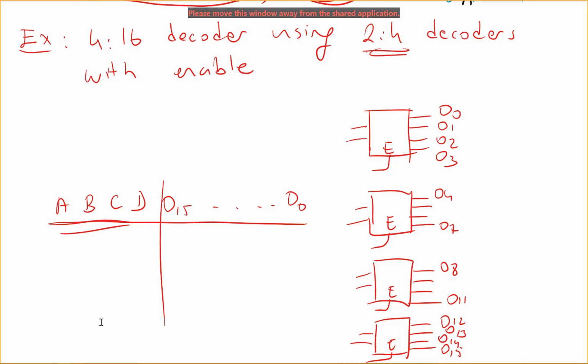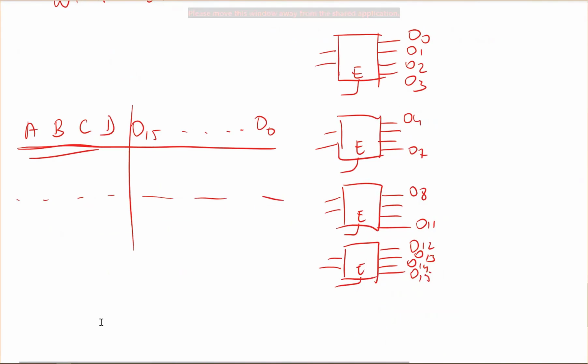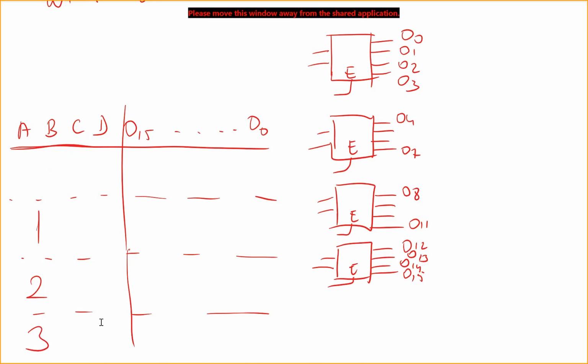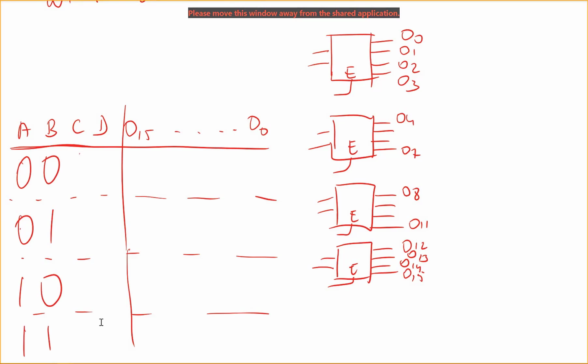Since we have 2 to 4 decoders, you can divide this truth table into 4 sections. This is the case for A and B is 0, A and B is 1, A and B is 2 and A and B is 3, right? So let's say this is 0, 0 for A and B, this is 0, 1, this is 1, 0 and this is 1, 1. And you have all these 0, 0, 0, 1, 1, 0, 1, 1 here, right?